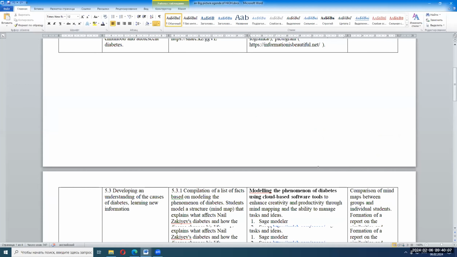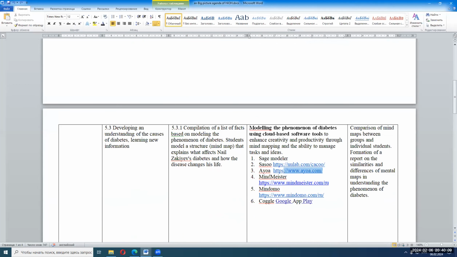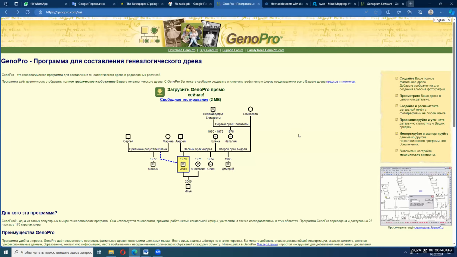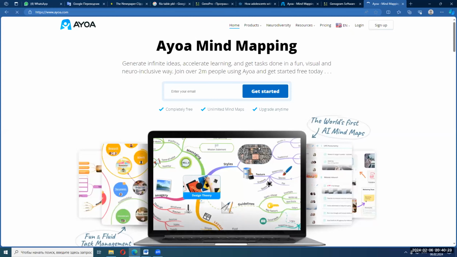Here are some techniques or instruments for mind maps. Firstly, it is free, but you need to register, I guess.